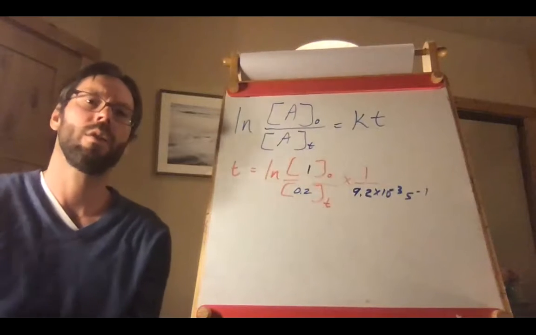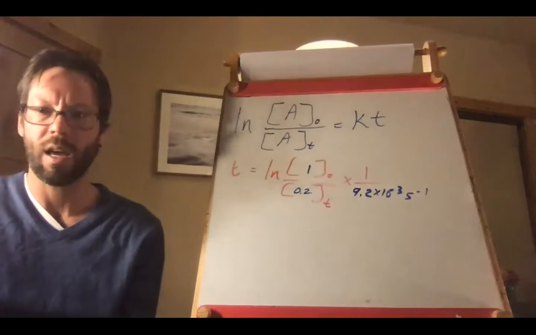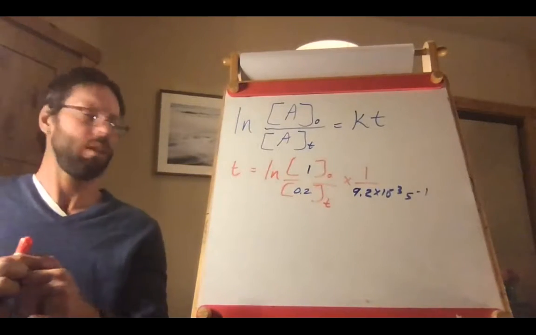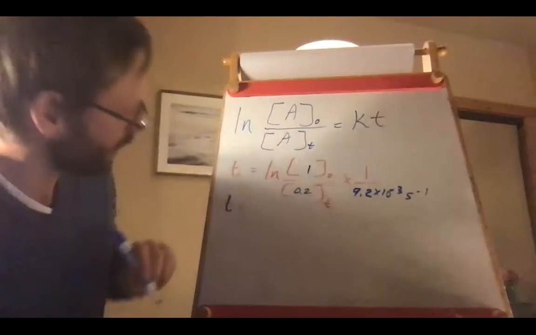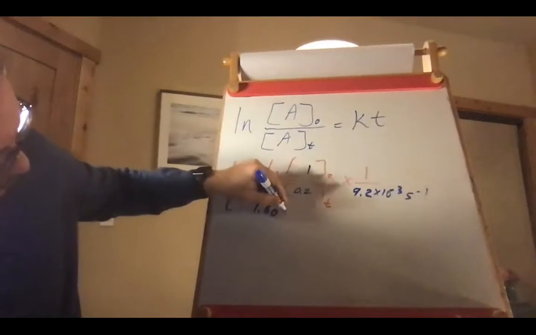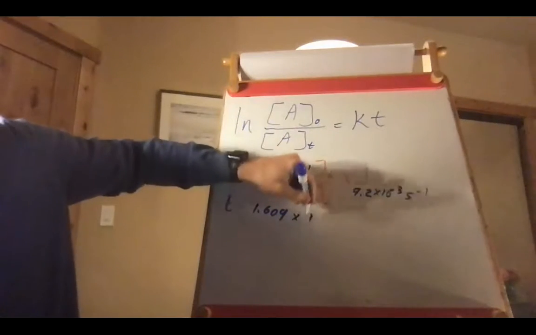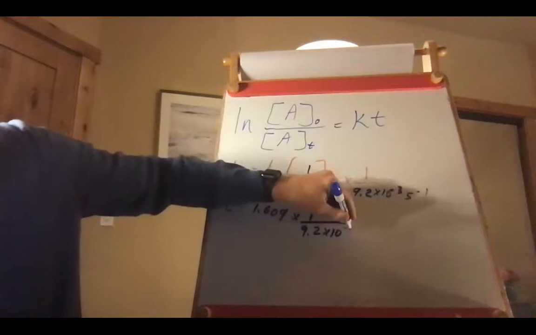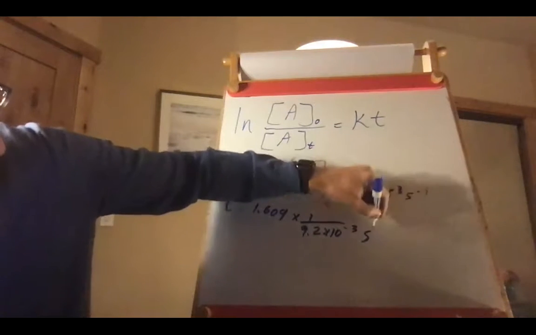Okay, and so if we do the math on that, we end up with t equaling 1.609 times 1 over 9.2 times 10 to the negative third per second.